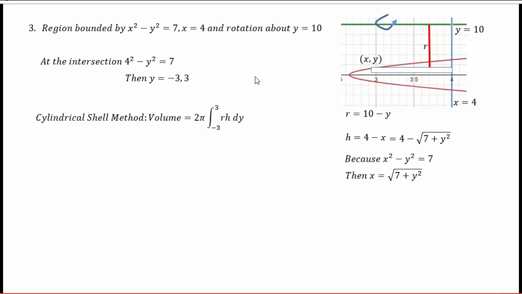You can write x squared equals 7 plus y squared, and we take the positive root because we are taking the right hand side, so x is positive. Then plug in all this and the limits and simplify, and you are done for this too.